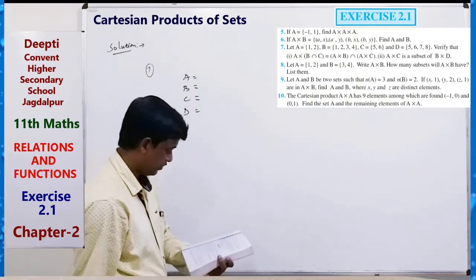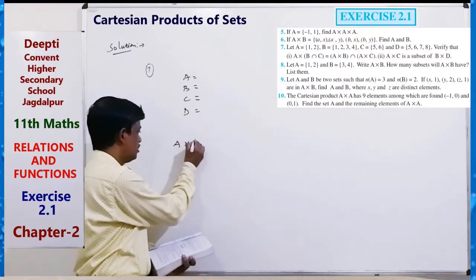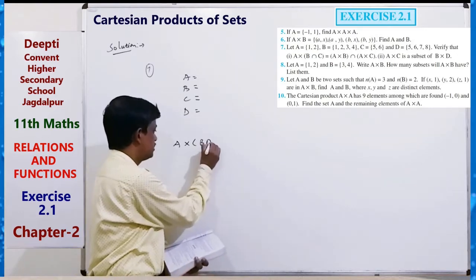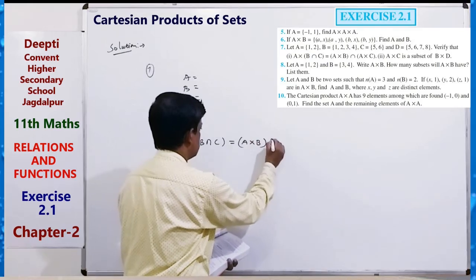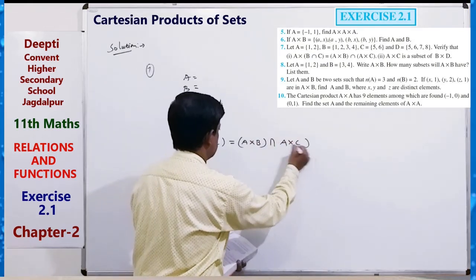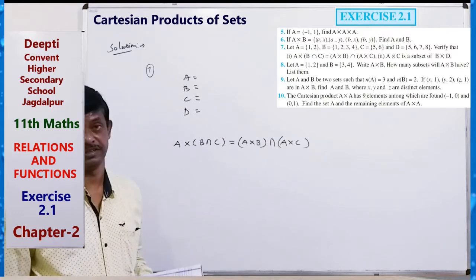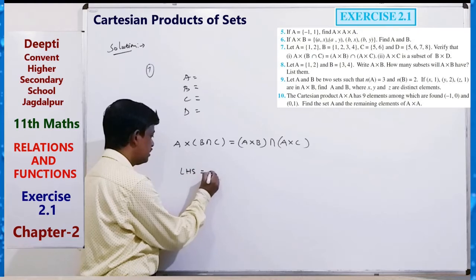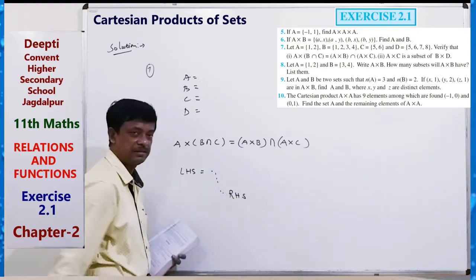ABCD. Okay. Now, we have to verify. That means A cross (B intersection C) equals (A cross B) intersection (A cross C). We have to verify this. Verify this means we have to find the left hand side. We must get the right hand side.